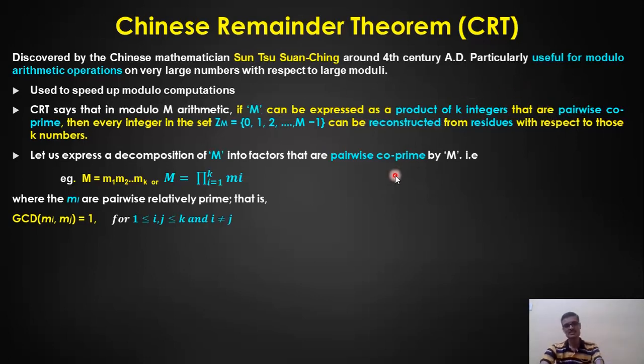With the residues of those k numbers, we can reconstruct any number less than m. That is the advantage of CRT.